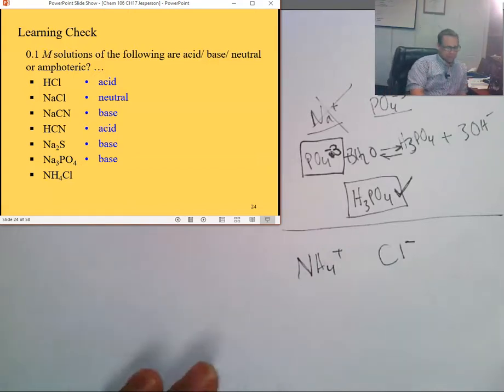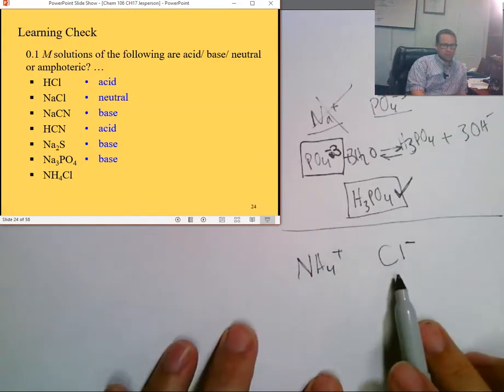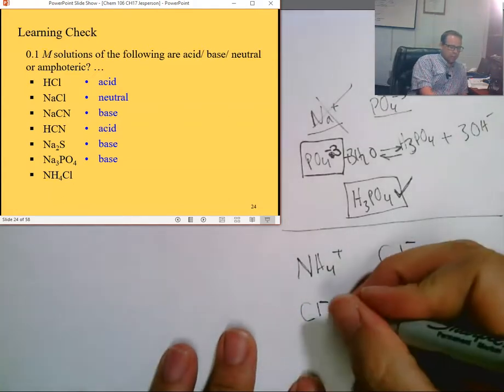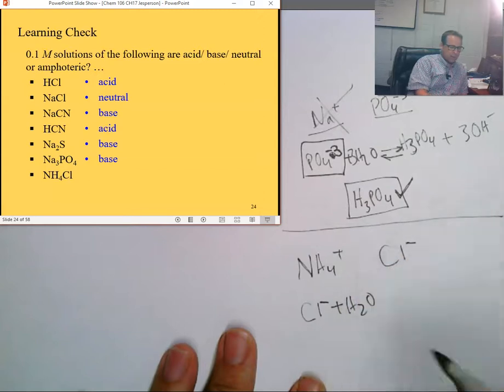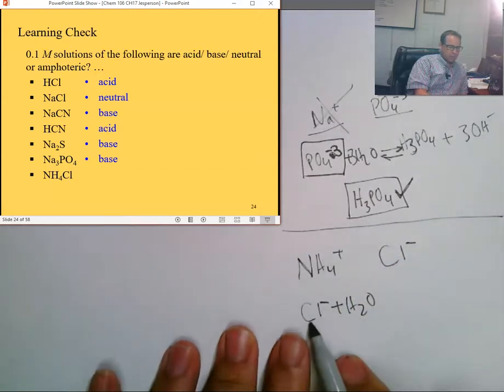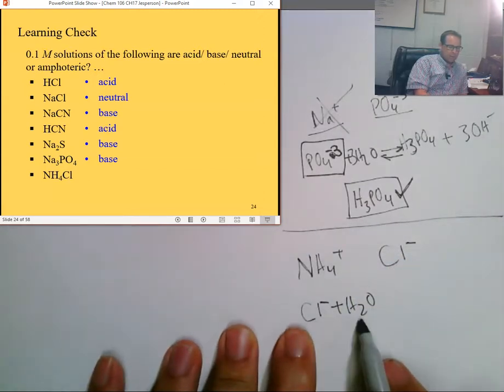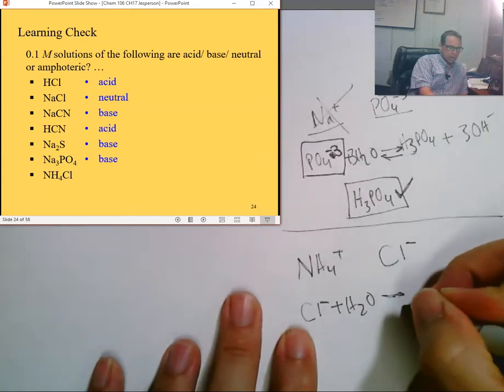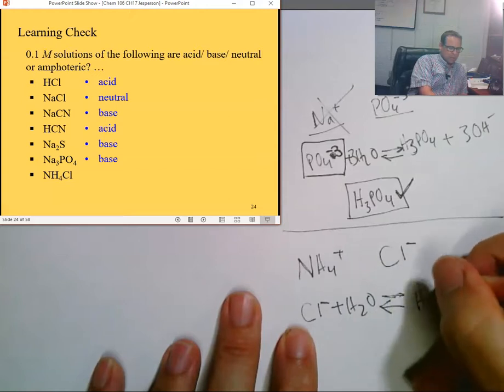We know that the chloride ion is not going to. Okay, let me write that one out because it's been a while. If this were to interact with water, this negative charge would be trying to pull a hydrogen off and create HCl.